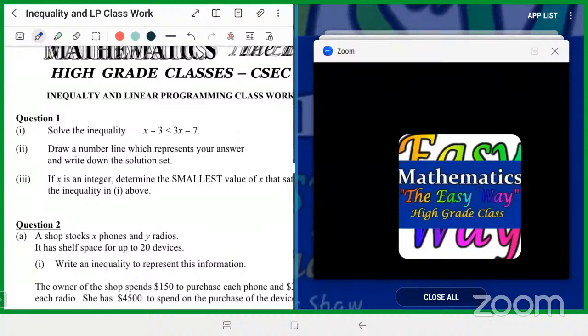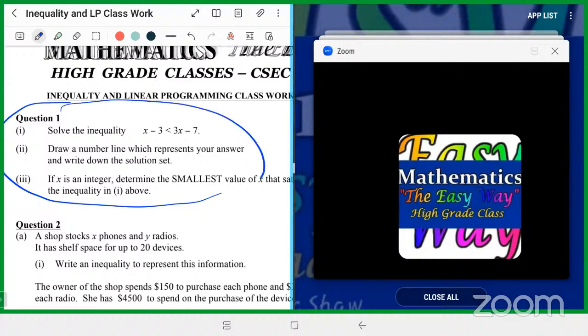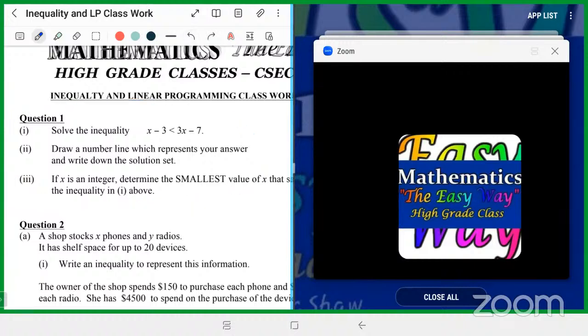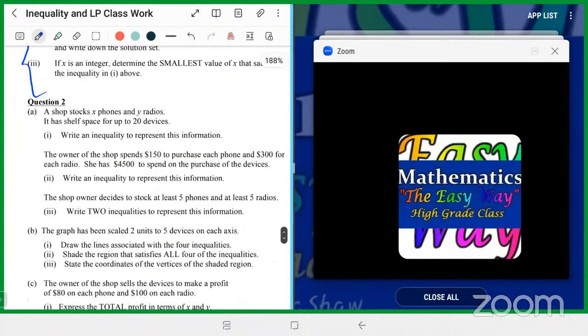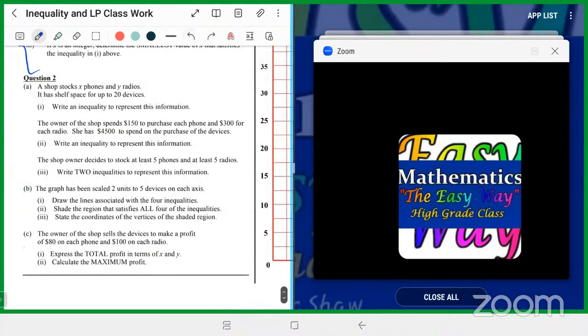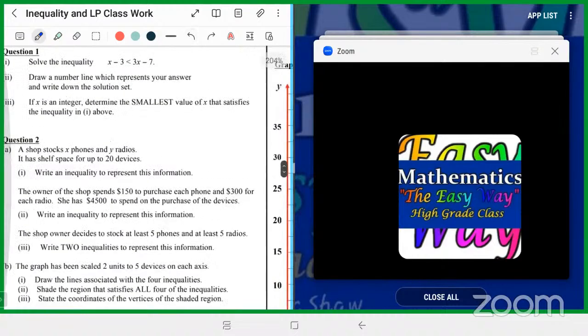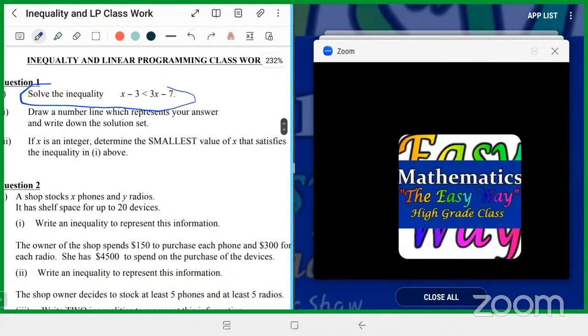All right, so what is on the screen here is the last class activity that we did in this topic. We had two questions. The first one is a simple linear inequality to solve, and basically you want to make X a subject.